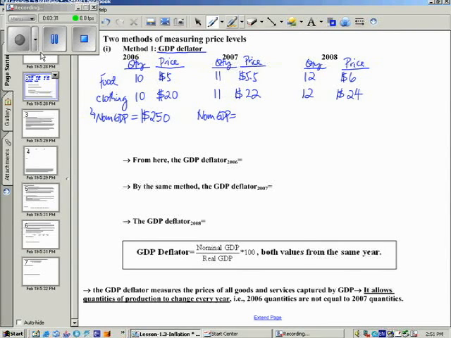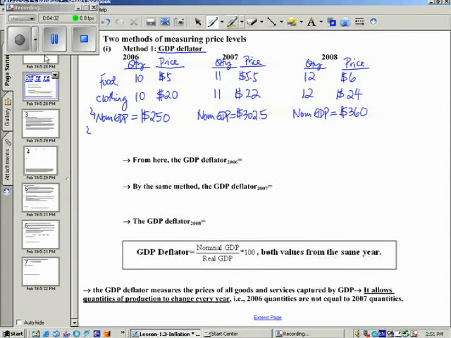We found this before to be 302.5. For 2008, suppose we have the information already, and we can do the same thing. That would be 12 times 6 plus 12 times the 24. This would give us a total of 360. So that would be the different values of nominal GDPs across the 3 years.